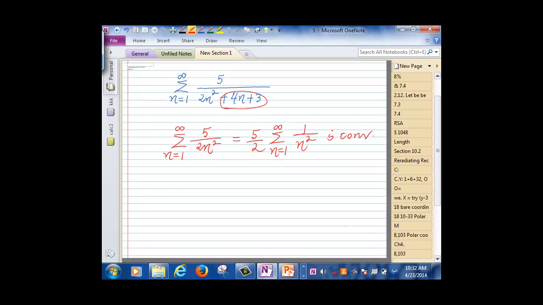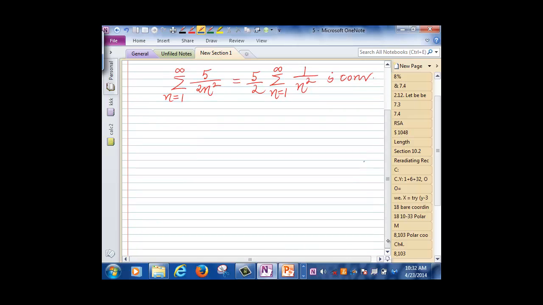So the example that we have in hand here is that I have the series n going from 1 to infinity.